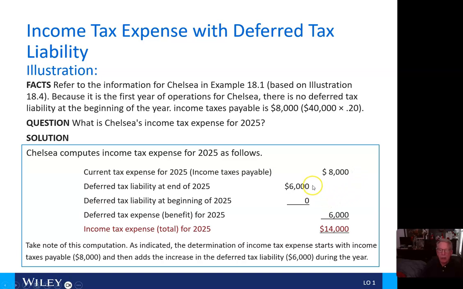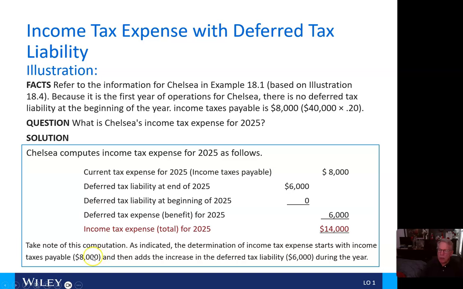But the deferred tax liability at the end of 2025 is $6,000. So that deferred tax liability added to the current tax expense is going to give us income tax expense in total for 2025 of $14,000.